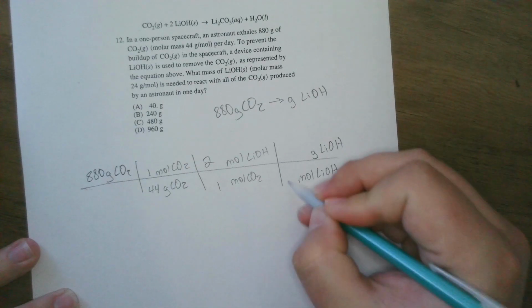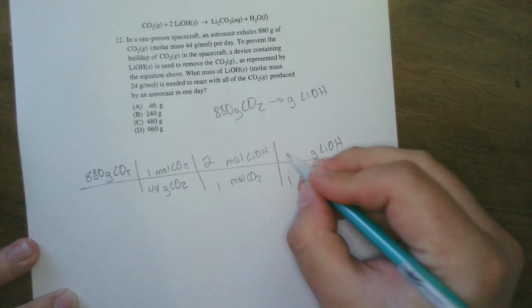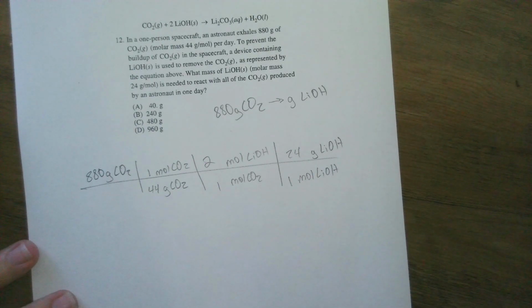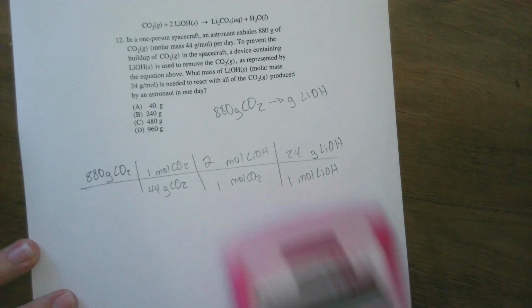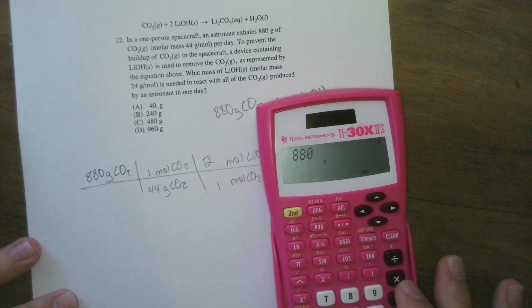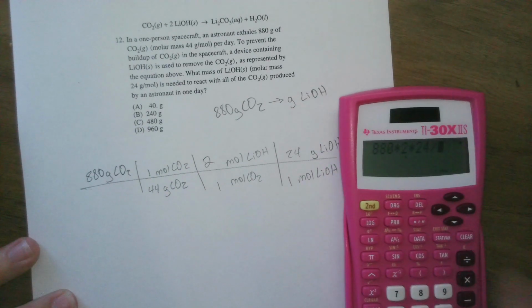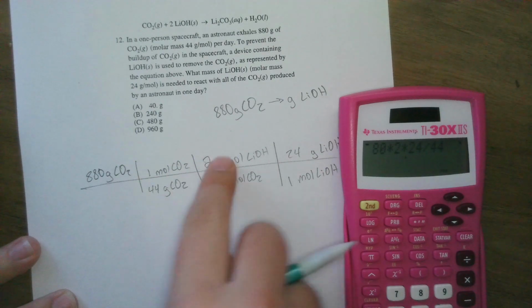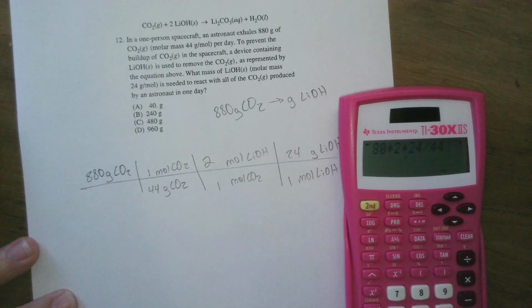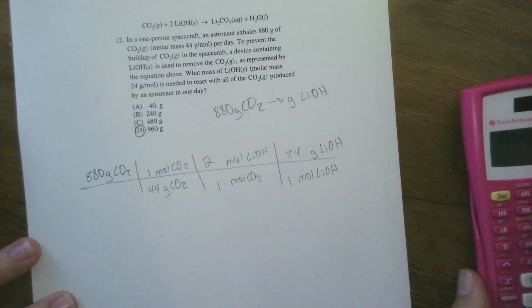I need to use its molar mass. It gave me that somewhere in the problem as well. Molar mass is 24. So I have some numbers that work out pretty nicely, but we just throw it in our calculator. The numbers will work out well because you used to not have a calculator for this section. So you could have divided this to get 20 times 2 and then times 24, which wouldn't have been as bad to do, but you get 960. Answer choice D.